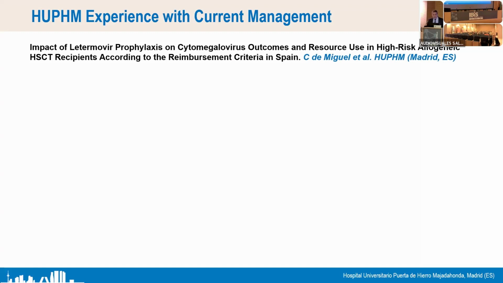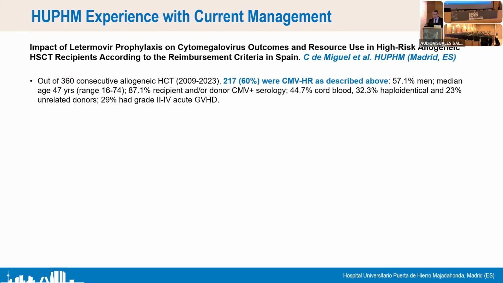So, the impact of letermovir prophylaxis on CMV outcomes, using as a model the definitions of high-risk criteria that the Ministry of Health brought here in Spain. Of course, there are things that you cannot really contemplate, but you can look at the main factors, so alternative donors, T-cell depletion, all these things, patients that then develop GvHD. First thing, what we saw is that out of our transplant population, around 60% fulfill those criteria.